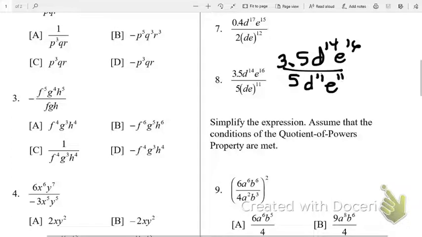I would get that little 11 to the D and the E. And now your brain says 3.5 divided by 5 is 0.7. And now do D's. Subtract those powers, you get 3. And now do E's. Subtract those powers, you get a 5. So 0.7, D to the third power, E to the power of 5.